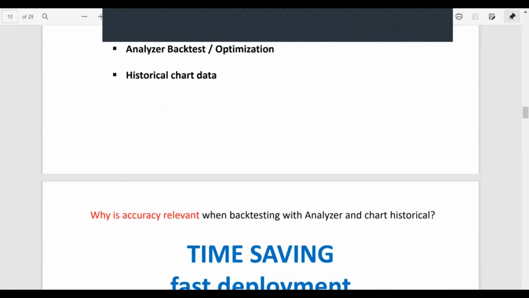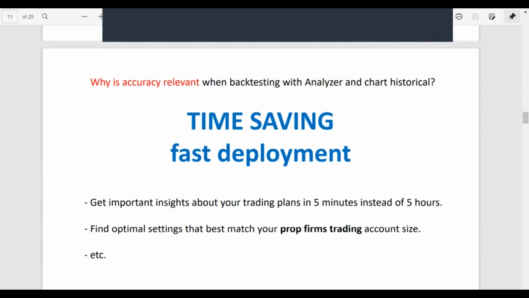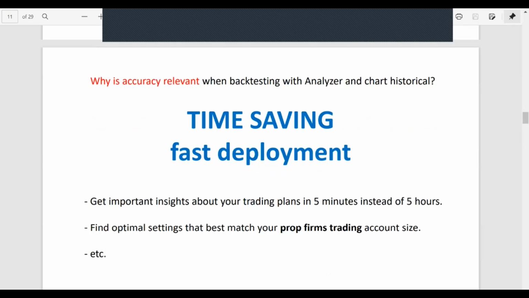And why do we want accuracy on historical chart data and analyzer? For time saving, fast deployment of strategy. When you do replay, it takes a long time. When you use analyzer, it's very fast. So it's relevant for time saving.